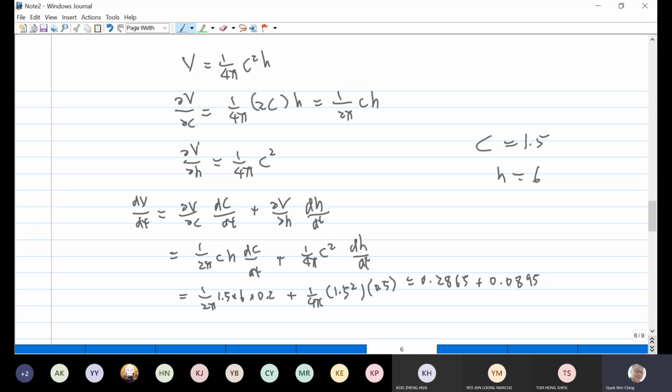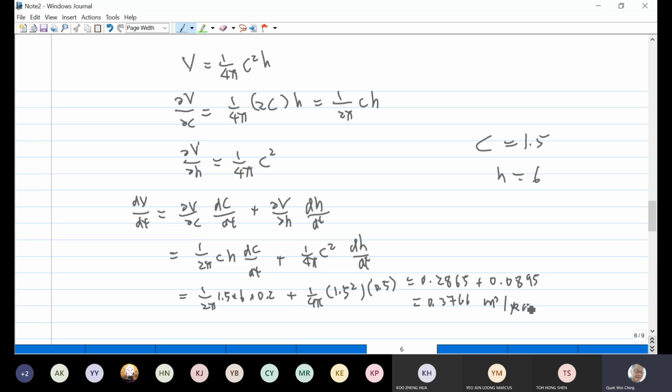So add together. So 0.3766. 0.3766 meter cubed per year.